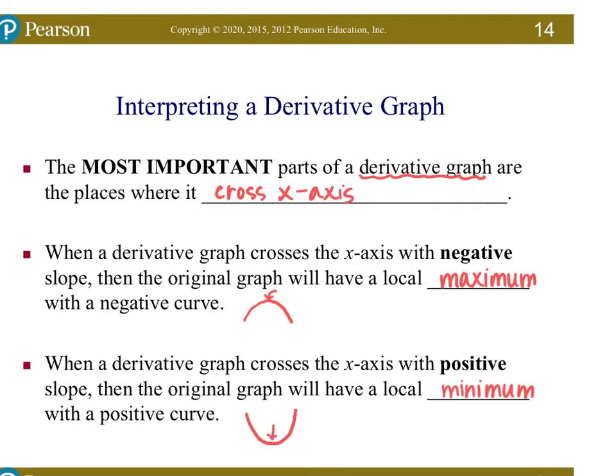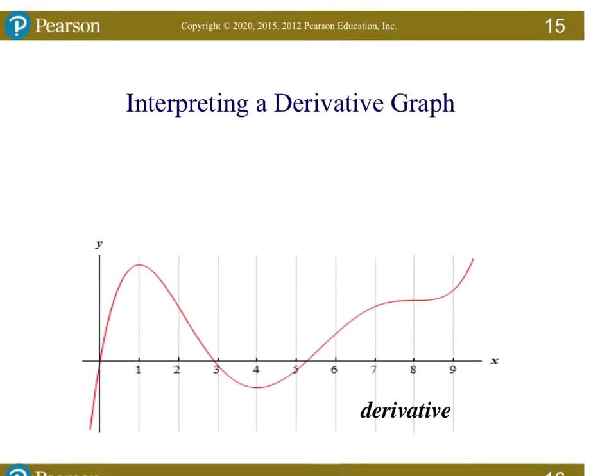Okay, so again, the most important part are the places where it crosses the x-axis. You just focus in on those places where the derivative graph crosses the x-axis. So let's practice that again. Where does this derivative graph cross the x-axis?